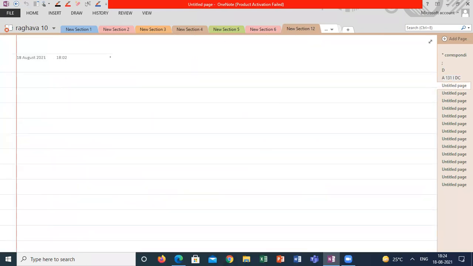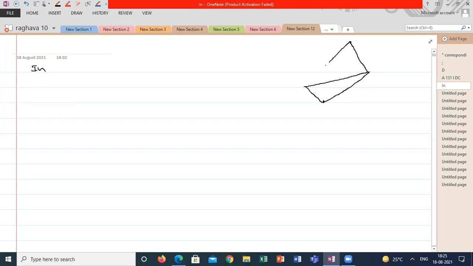Okay. Yeah. The next question. In the adjoining figure, I am going to draw the figure first. ABCD is an irregular quadrilateral.